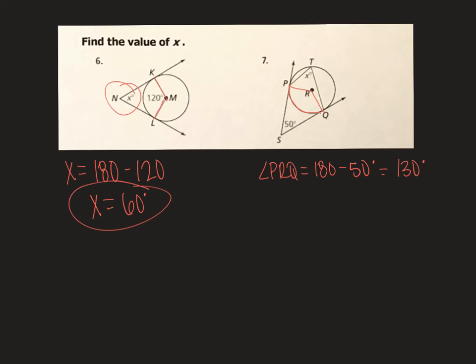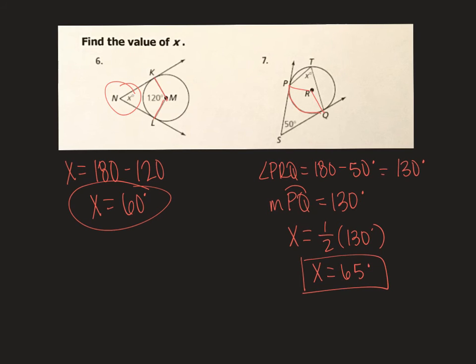So if that central angle is 130 degrees, then the measure of my arc PQ is also 130 degrees. So I can solve that inscribed angle by taking half of that intercepted arc, which in this case would be 130 degrees, which is going to leave me with 65 degrees for x.